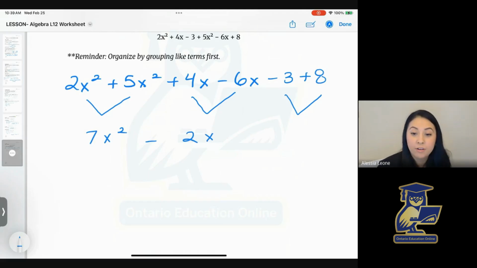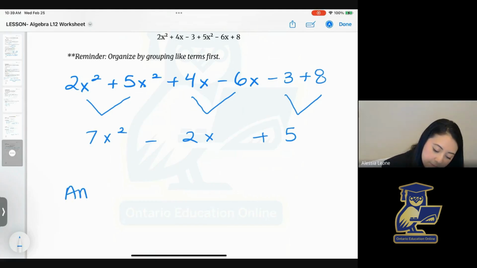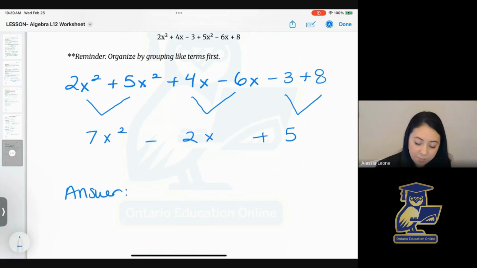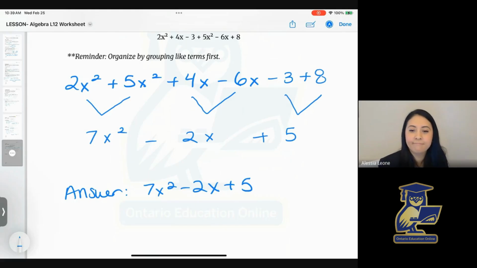And we're keeping our variable. And then a negative 3 plus 8, that gives us a positive 5. So our answer, if we put it together in an expression, will be 7x squared take away 2x plus 5. And that's it. That's how we simplified it.